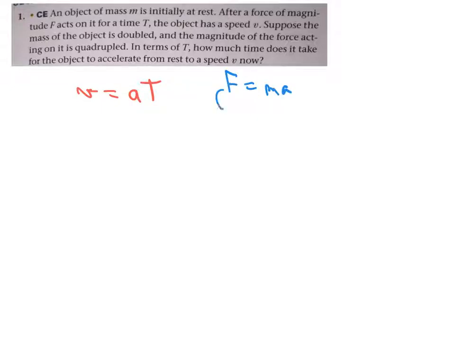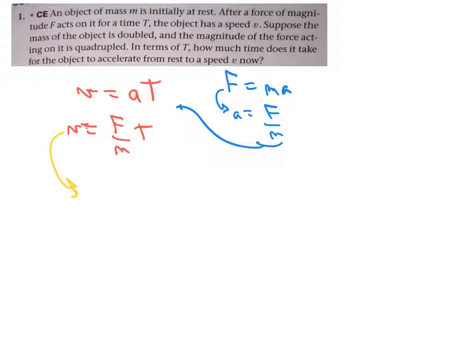So a is F over m. And we put this up here to get that v is F over m times t. Or, inverting that equation, we have that the time is mv over F, which is kind of neat.